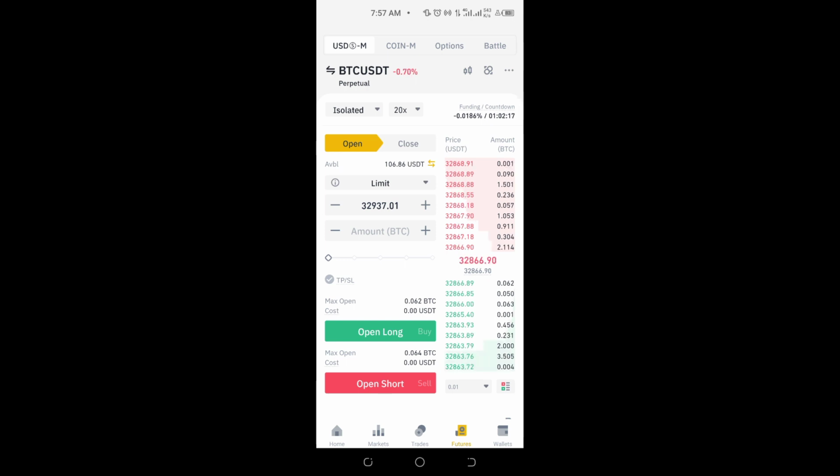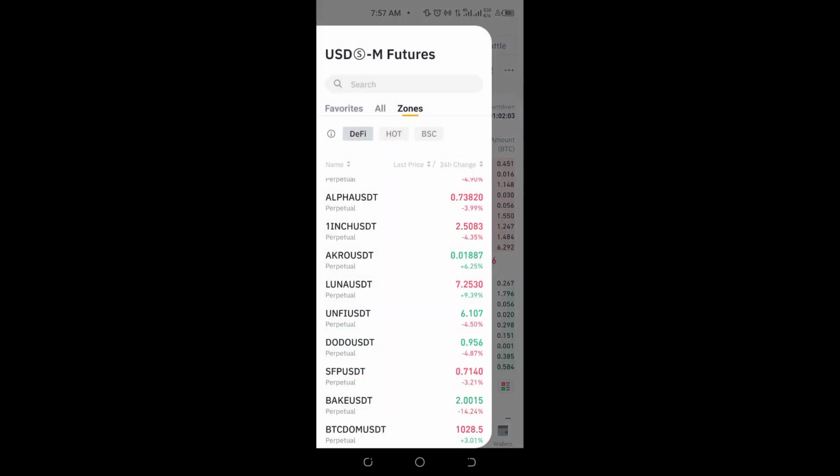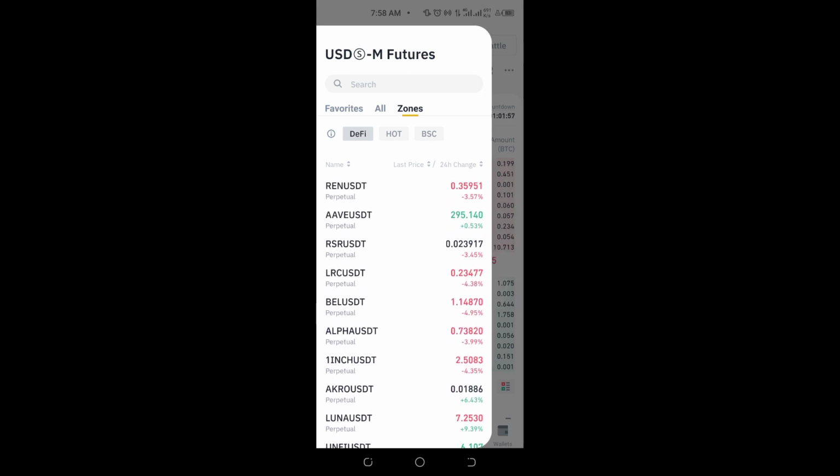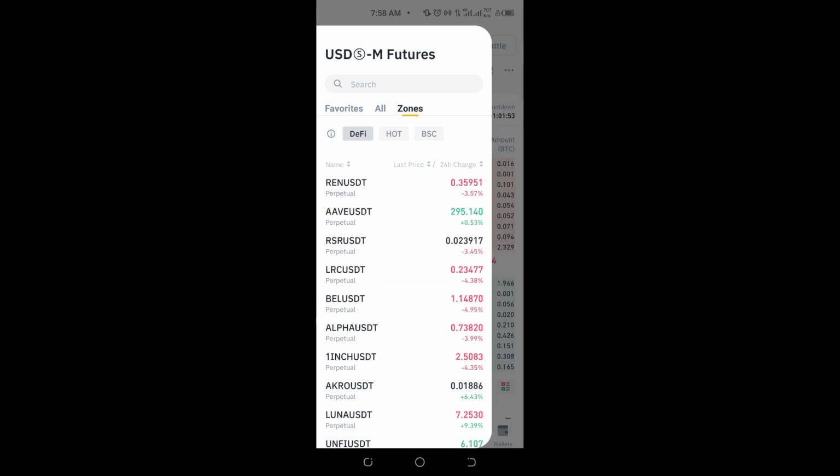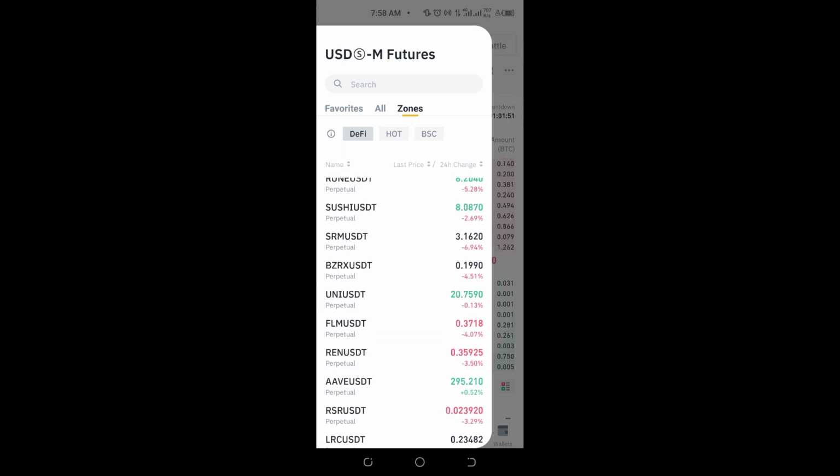If you check on the pairs that are being traded on the USD's margin futures, you can click on BTC USDT. You'll see here that all the coins traded are being paired to the USDT and they are on perpetual.